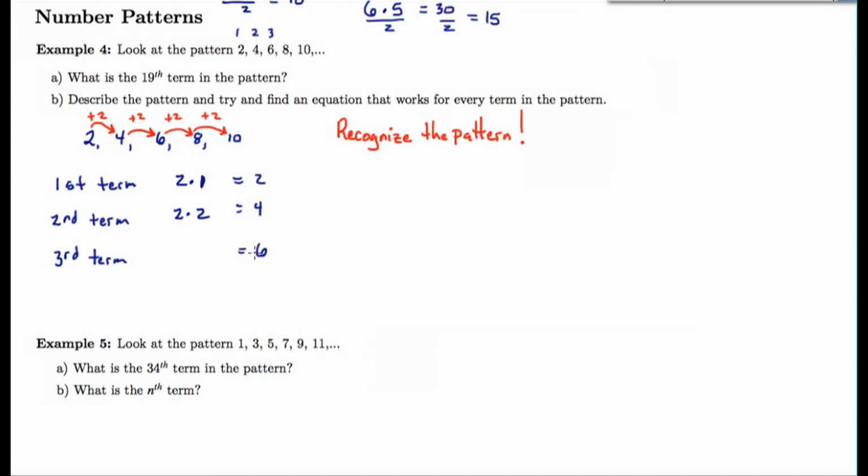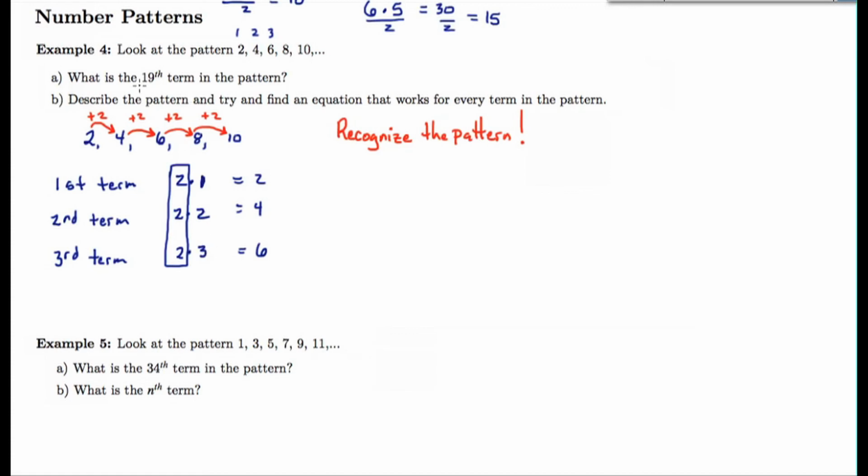So what numbers would give me 6 here? It would be 2 times 3. So these 2's are always the same right here. I'm always multiplying by 2, and these numbers are actually the term. So the first term is 1, 2 times 1 is 2, the second term is 2, 2 times 2 is 4, the third term is 3.